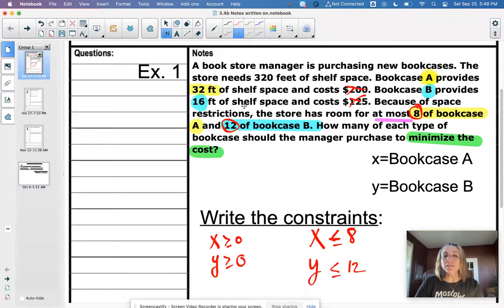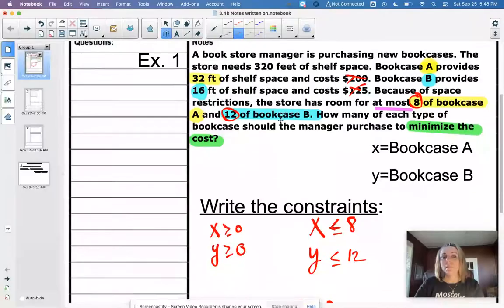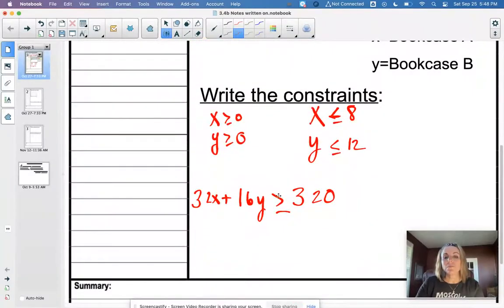What the 32 and the 16 refer to is the shelf space. The store needs 320. So that's why the alligator is facing the 32x plus 16y, because the lowest we can go is 320. No lower than that. Could we have more than that? We could. There's our constraints. All right, I'm just double checking everything. Okay.